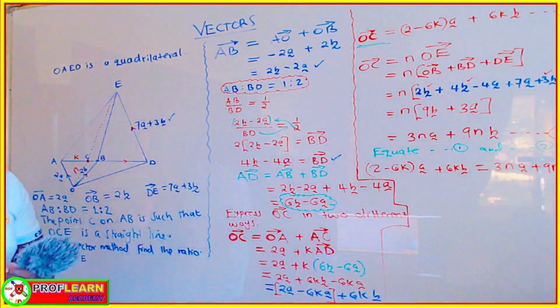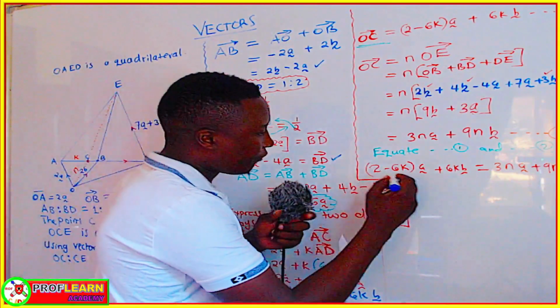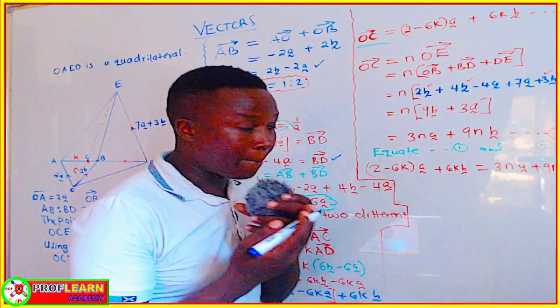Now, since these two equations are equal, the coefficients of A and B must be equal.